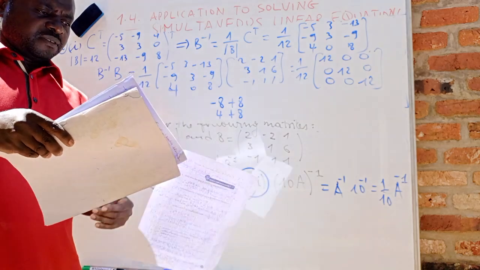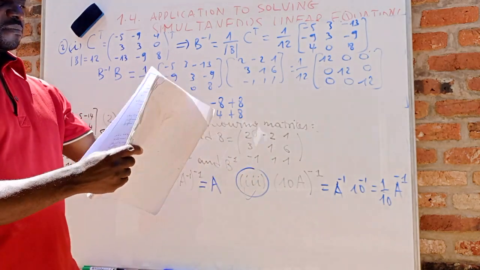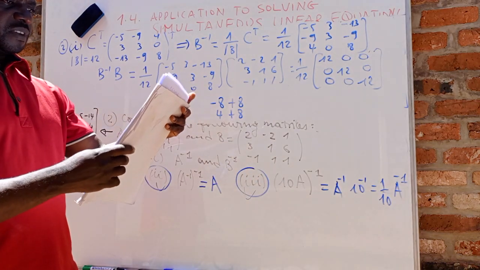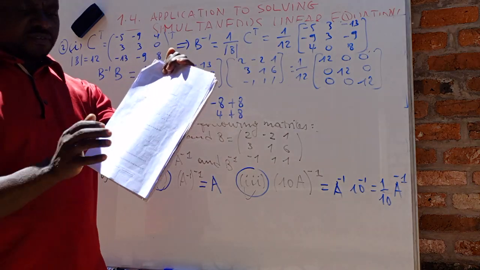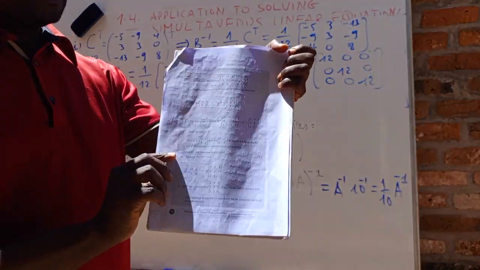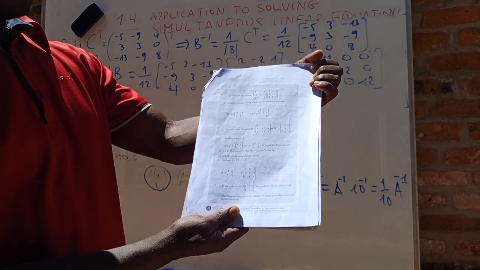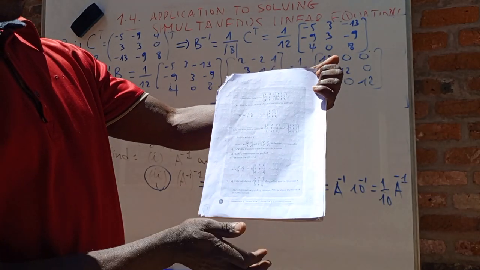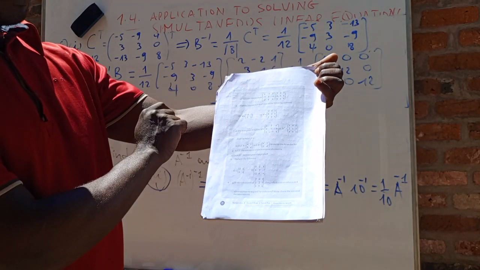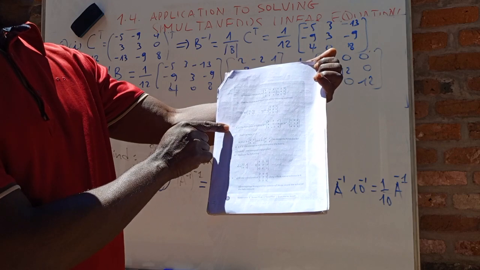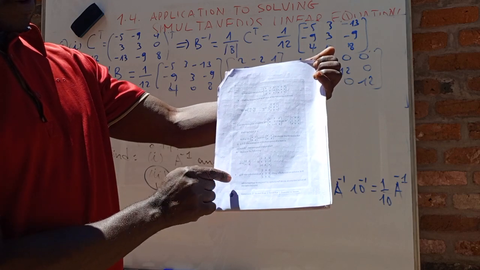We have another list of questions. Question number 5 is continued over here. Again, let us put some light. So sub-question C for number 5, then number 6, number 7, number 8, number 9.